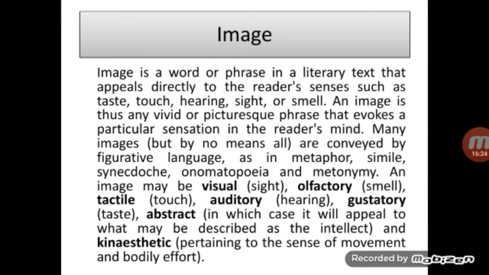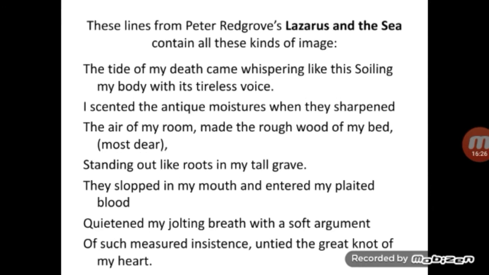So, these are the images. Images relate to sense organs. These lines from Peter Redgrove's Lazarus and the Sea contain all these kinds of images mentioned in the section here.